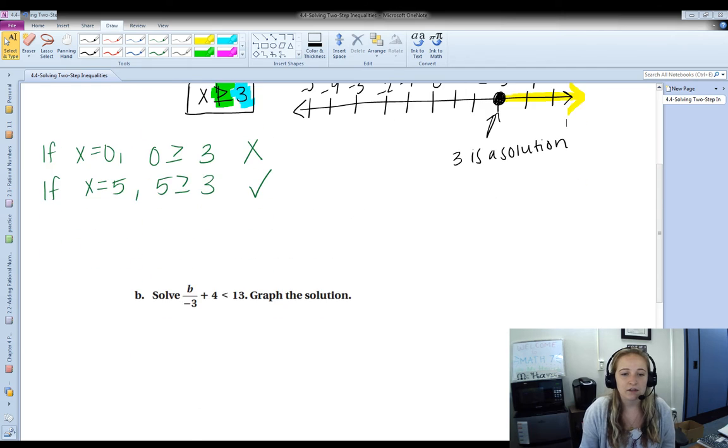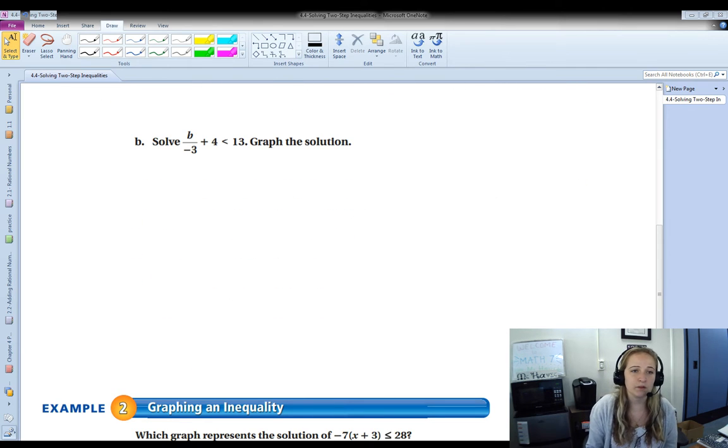All right, let's go down. And we want to solve b over -3 plus 4 is less than 13. So again, draw a line down it. We want to focus on the side with the variable on it. So that's going to be the left side. Then we always want to deal with the stuff that's unattached to the variable first. So I see a +4. How can I get rid of a +4?